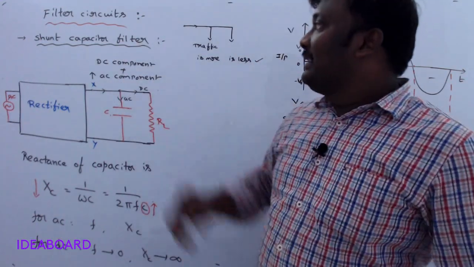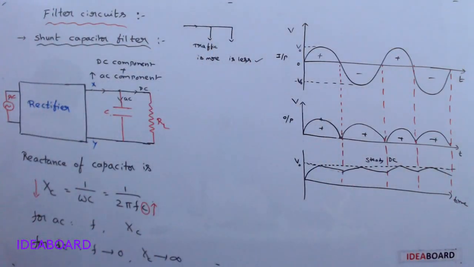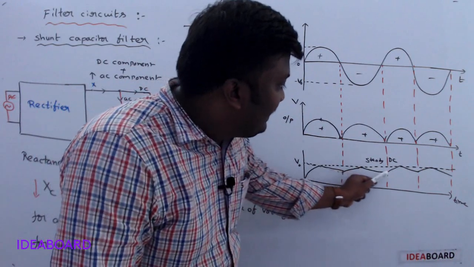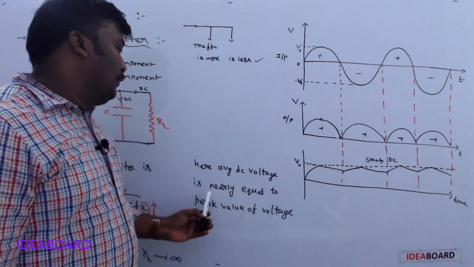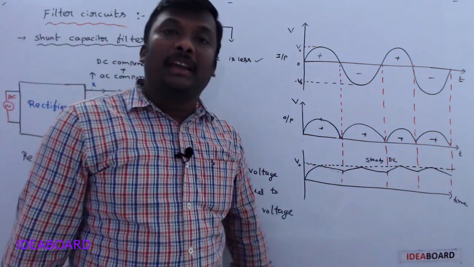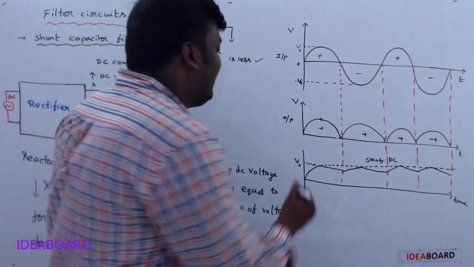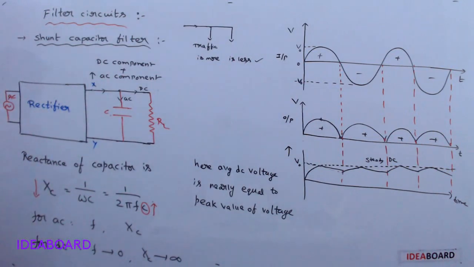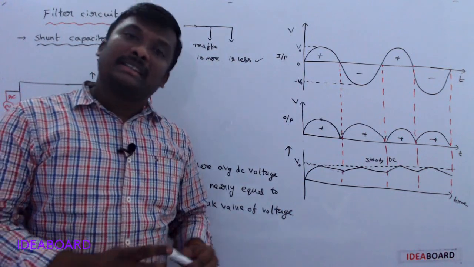Please note it down. Here the average value of DC is very near the peak value. So the average DC voltage is nearly equal to the peak voltage V0. Shunt capacitor filters are mostly used in power supplies.